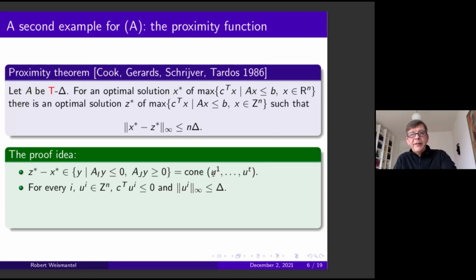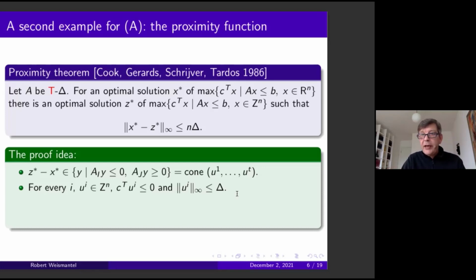If you had some vector in the cone with positive value, then you could improve on the LP point, which you can't. So this is why we have the c^T u_i less or equal to 0 property. Then using linear algebra, in fact, you need Cramer's rule to establish that the norms of these extreme rays are all bounded by delta. So this is really Cramer's rule.